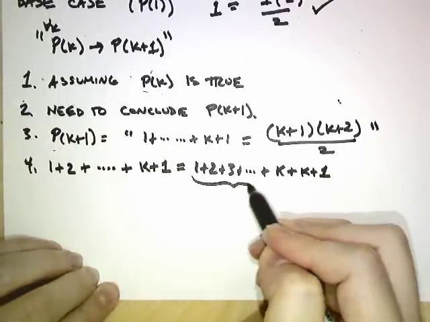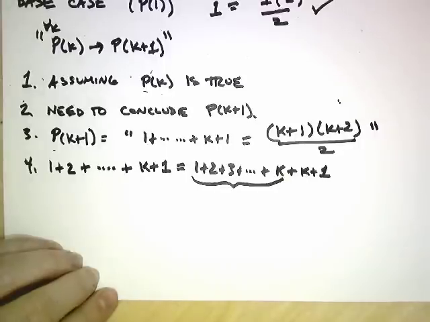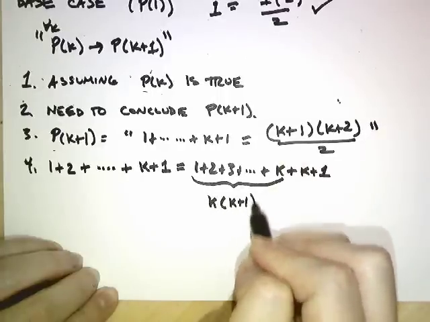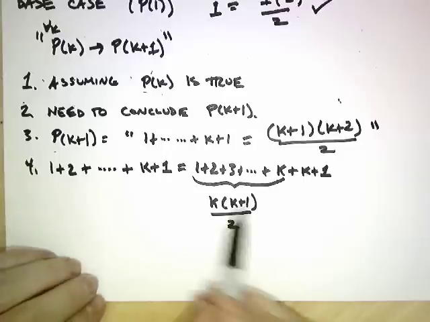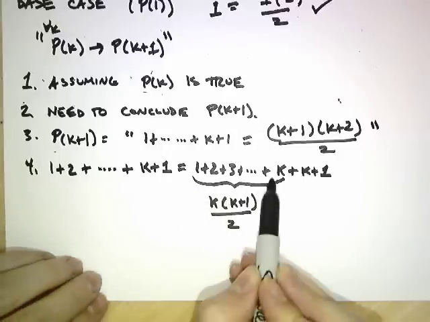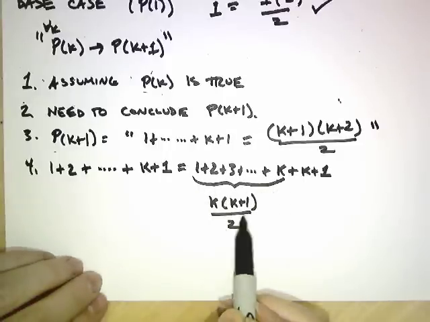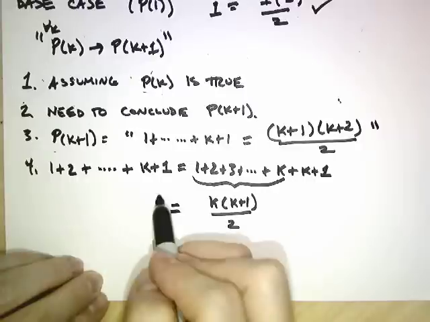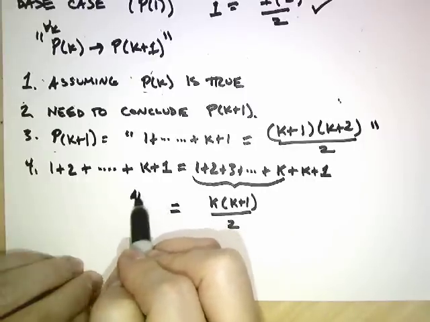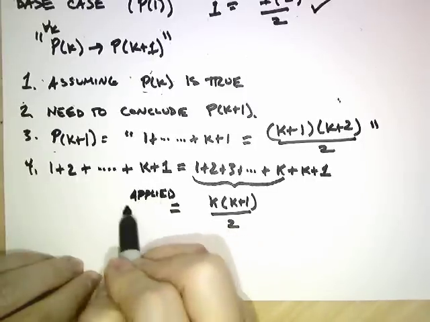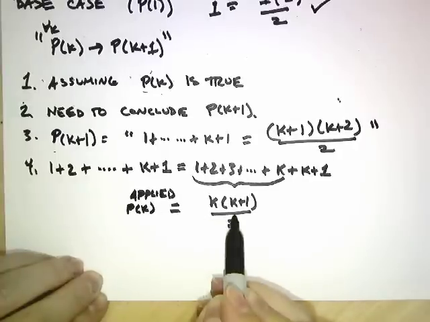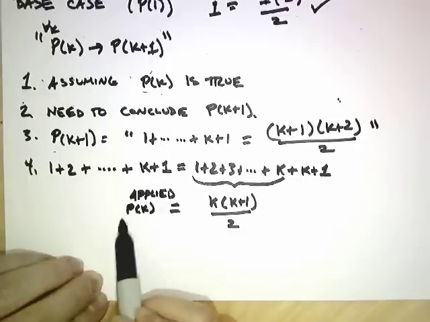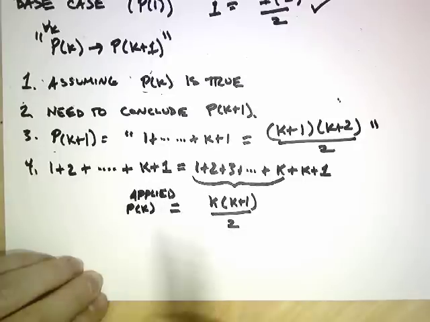That means that the sum of these first k terms is equal to k times k plus 1 over 2, because that is what P of k says: the sum of the first k numbers is equal to k times k plus 1 over 2. So here I applied P of k, and I got that the first k terms is k times k plus 1 over 2. This is also called applying the inductive hypothesis. You'll see this in the book.